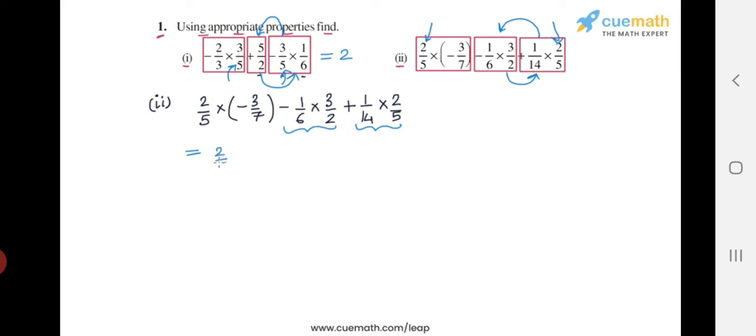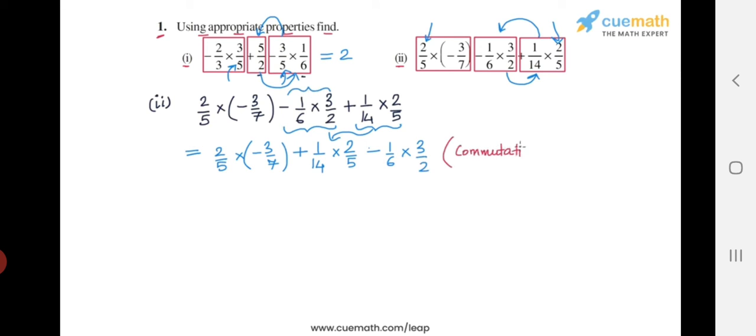So we will get 2 by 5 into minus 3 by 7, and then we will have the third part, 1 by 14 into 2 by 5, and so we've brought this here, and then we will get minus 1 by 6 into 3 by 2, which is basically this part, and this we can do because of the commutativity of addition.